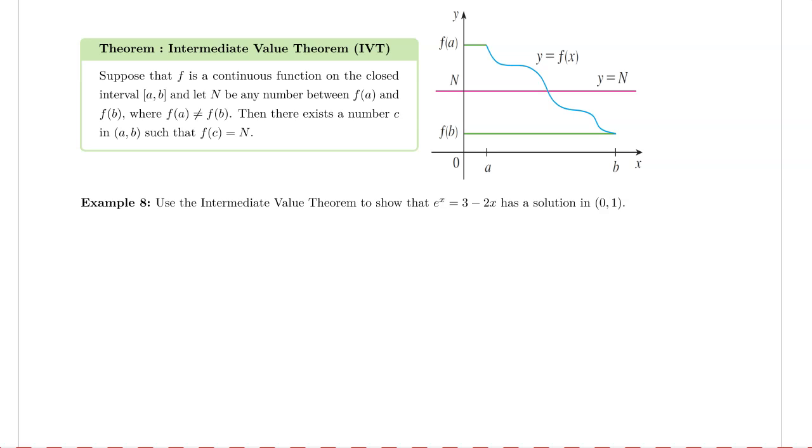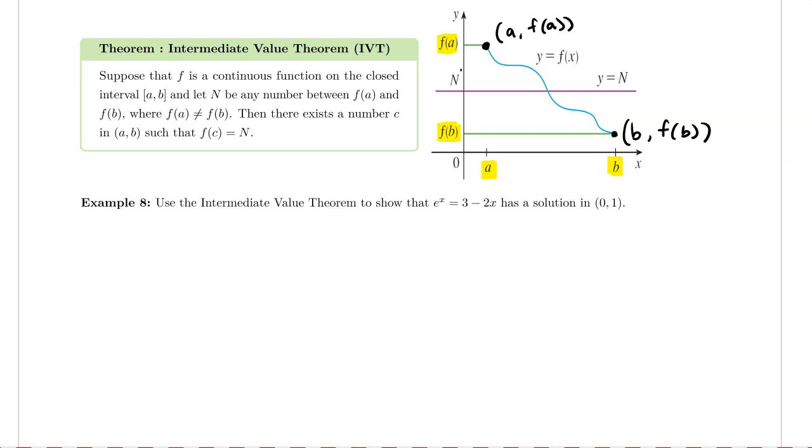So here's a really cool visualization. Here we have f of a, here we have f of b, and here's a and here's b. So if I highlight those ordered pairs, this ordered pair is a comma f of a, and this ordered pair right here is b comma f of b.